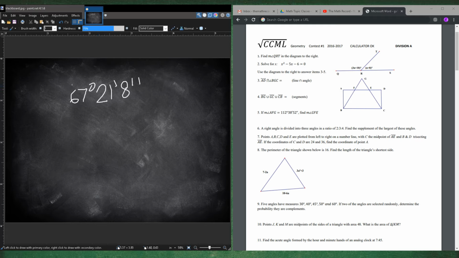So the answer is 67 degrees, 21 minutes, and 8 seconds. You have to write the notation, so put 2 quotation marks behind the 8, and 1 quotation mark behind the 21, and a degree sign in front of the 67, just so you get it right.